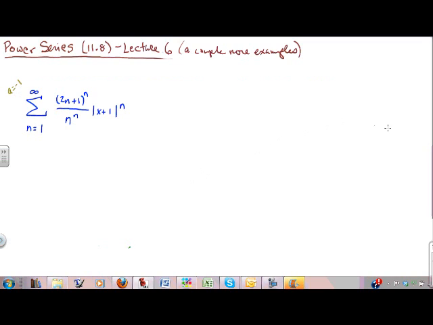So let's figure this out. Now this is a good example for the root test because everything's raised to the nth power. So let's look at the root test here. In the root test, I'm looking at the limit as n goes to infinity of the nth root of the absolute value of the nth term.